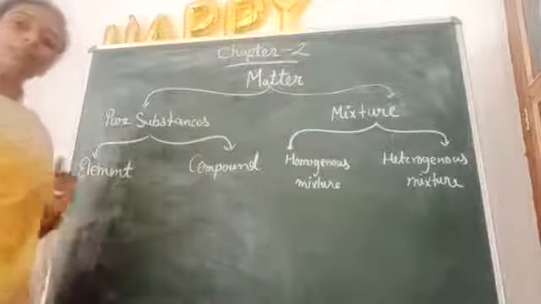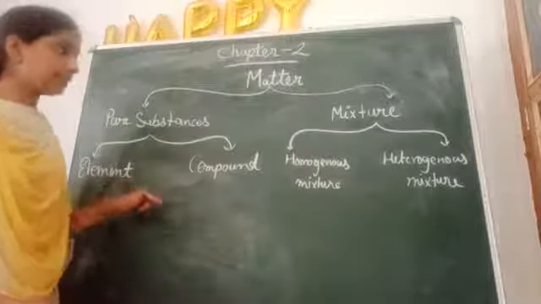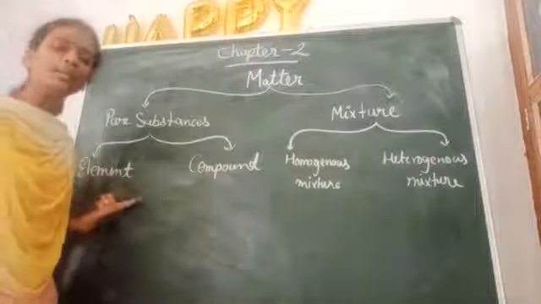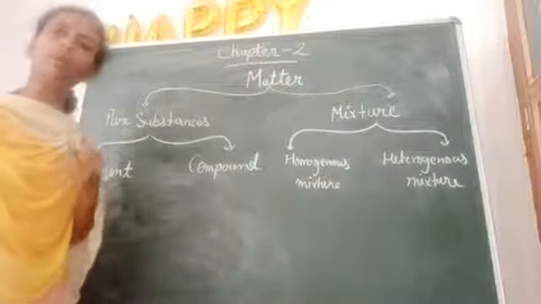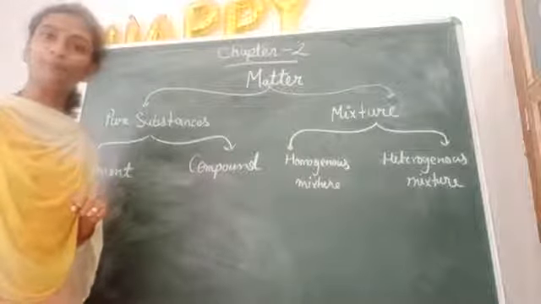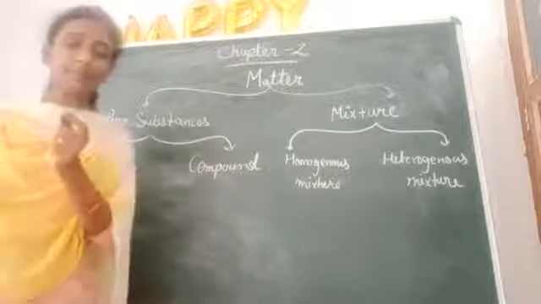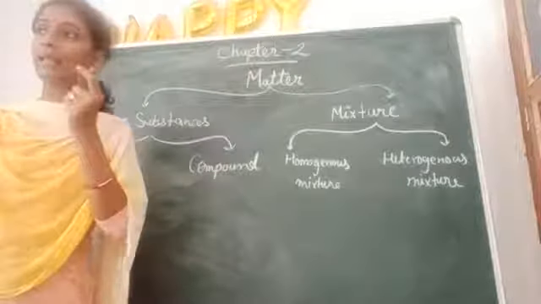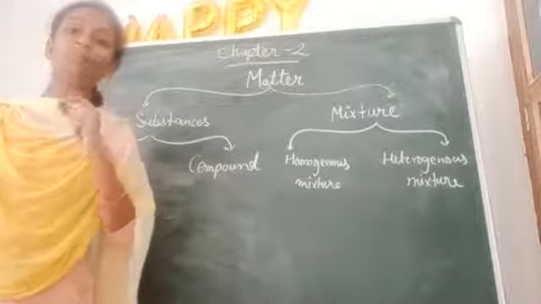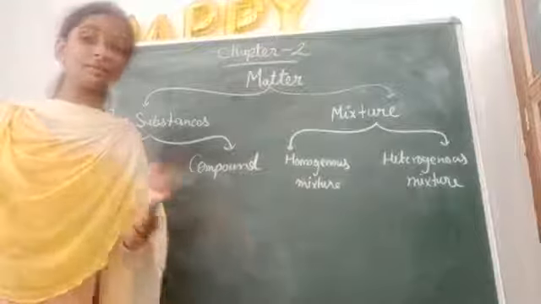Now the next difference between element and compound is that an element cannot be broken down further by any method, physical or chemical. Like gold, if I give you one atom of gold, it is an element, and if I ask you to break it down, it is not possible.